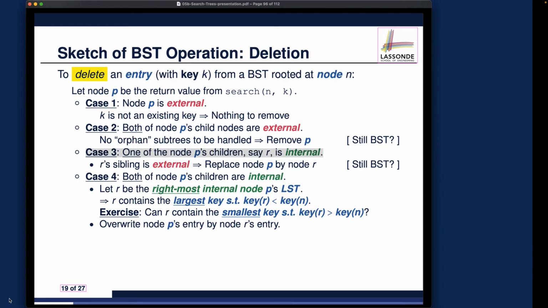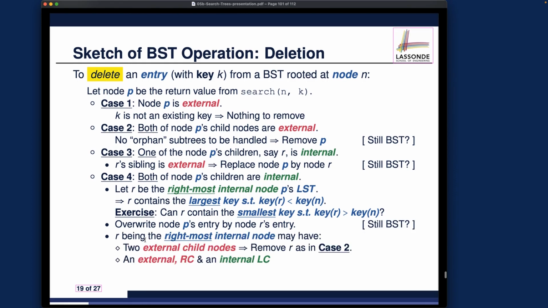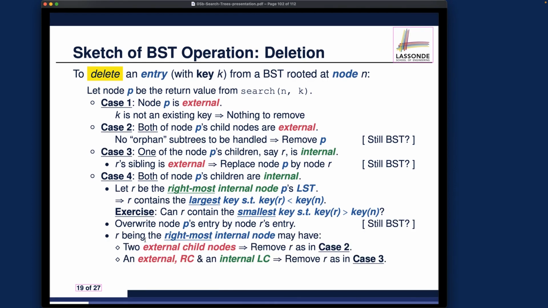Right, let's see anything else. And so these are exactly what I just spoke about. One mental exercise for you. Think about why. Given that R is the rightmost internal node, why would it be only two sub-cases to consider? In this, for example, we're talking about the rightmost internal node called R. Either R has two external children, or R has one external right child and one internal left child.